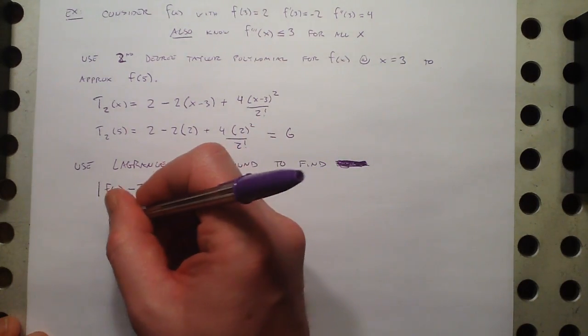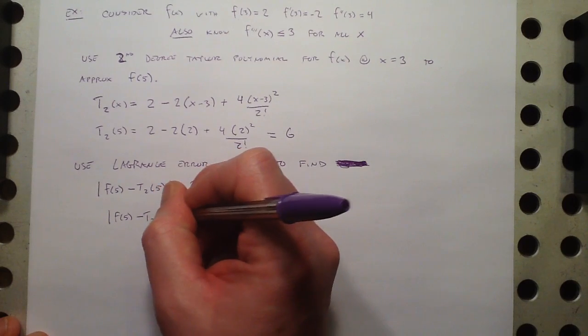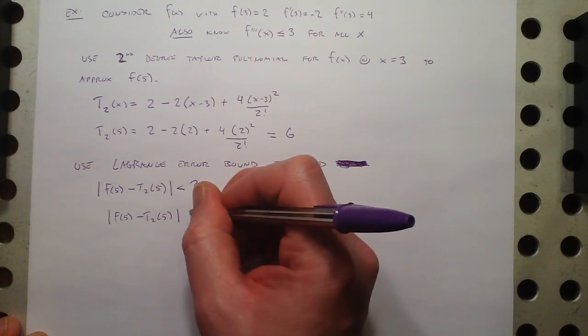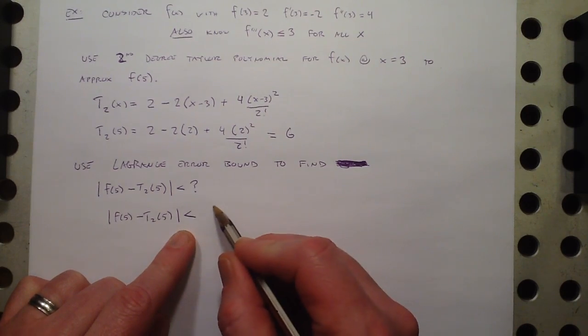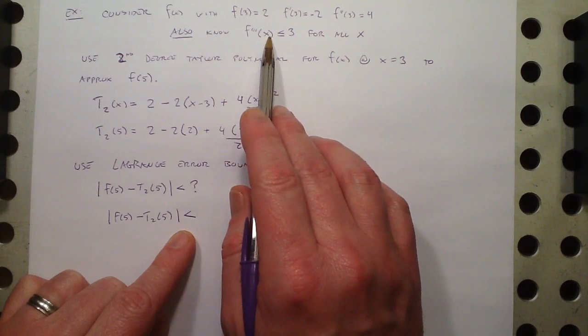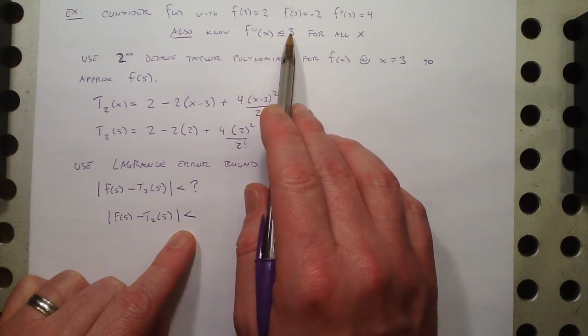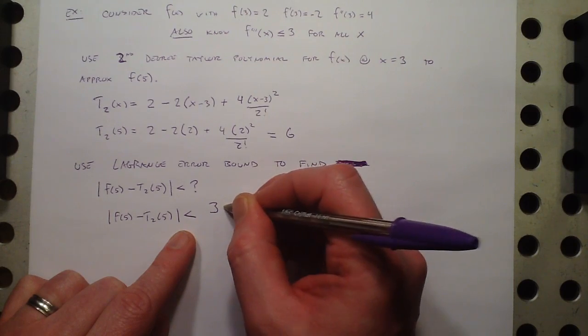So let's see. I know that the Lagrange error bound says that if I know a maximum value of the next derivative, and I do, I know that f triple prime of x is less than or equal to 3. So there's my cap on that.